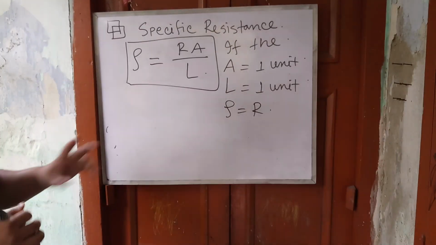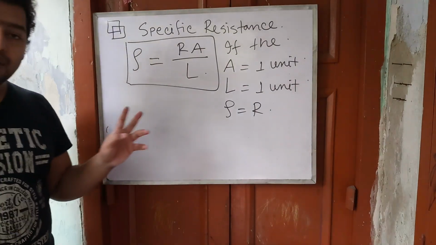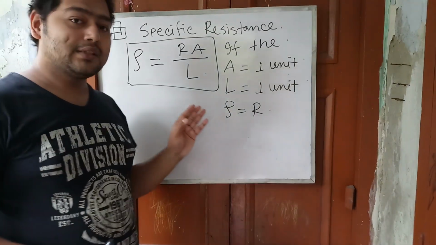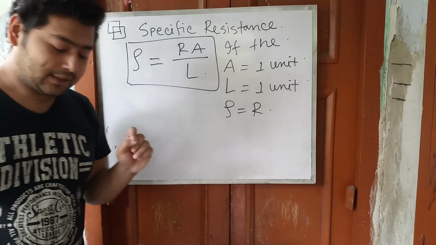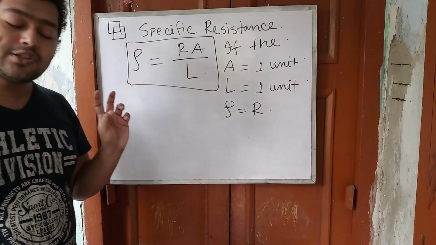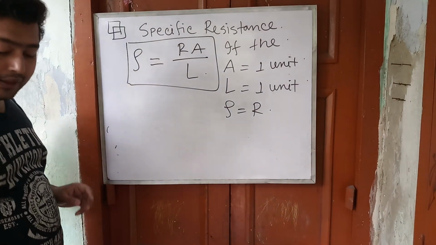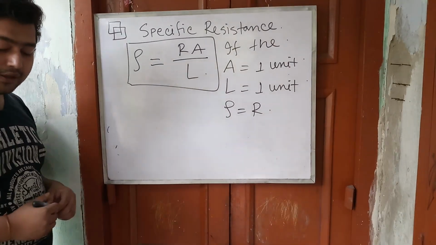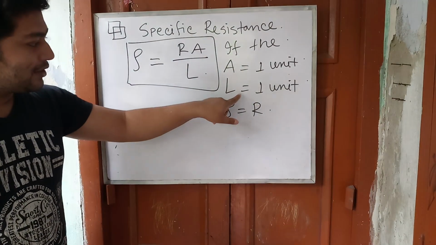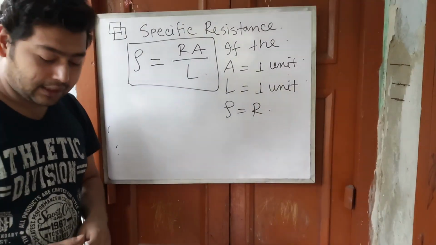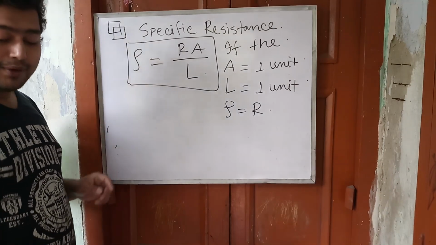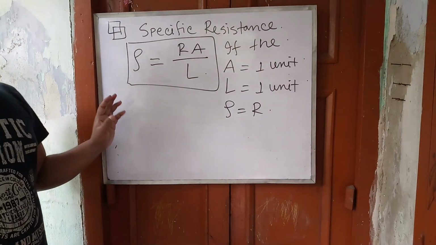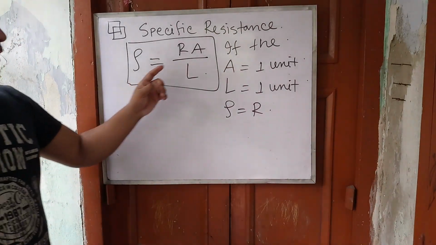Now the definition of this specific resistance is at a particular temperature. Here temperature is also important and temperature must be constant. Then we can define: at a particular temperature, the resistance of a conductor of unit length and unit cross-sectional area is called the specific resistance. Okay, I am repeating the definition again.